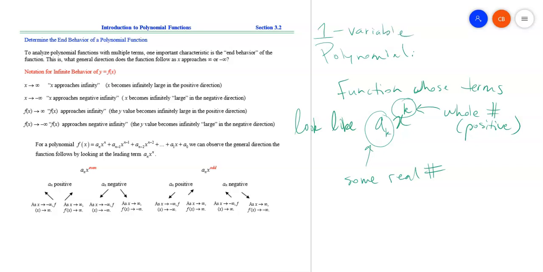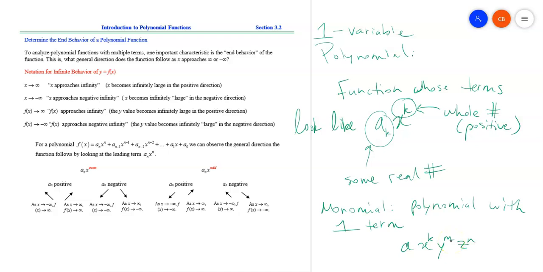We could have a multivariable polynomial that would have some other variables. Why don't we see an example of a polynomial? In this case, there's something called a monomial, which is just a polynomial with one term. And it's possible to have a term with multiple variables that maybe looks like this. It could have just a coefficient in the front, and then it can have x raised to some power, y raised to some power, and z raised to some power, for example.